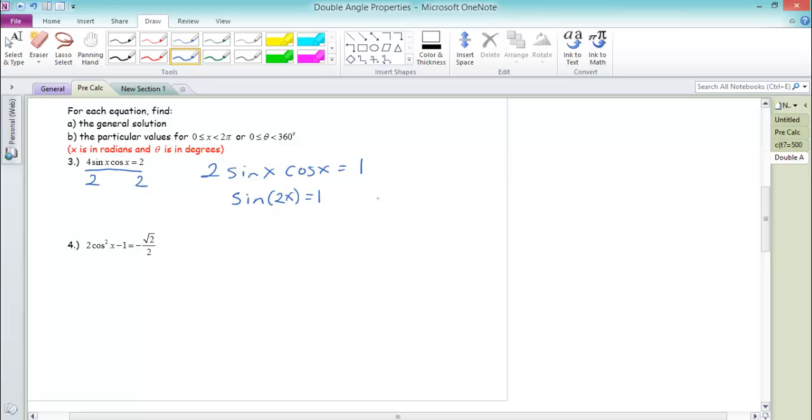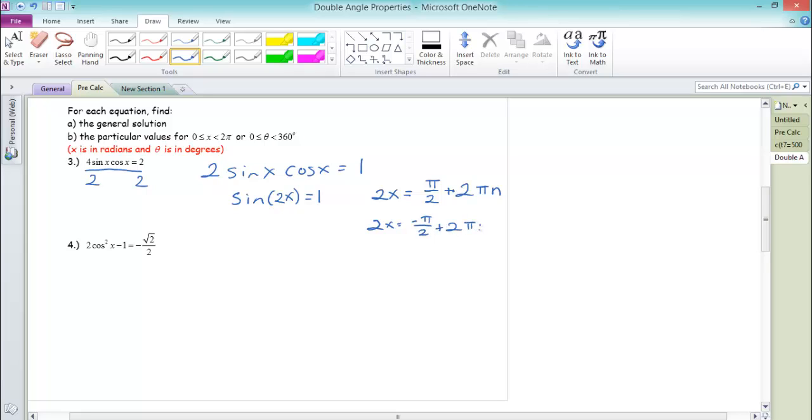And this guy on our left is equal to the sine of 2x, which is equal to 1. Once I take the arcsine of both sides, I get that 2x is equal to pi over 2 plus 2 pi n, and 2x is also equal to negative pi over 2 plus 2 pi n.